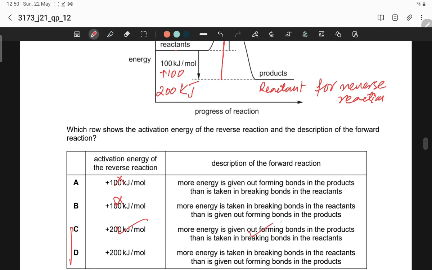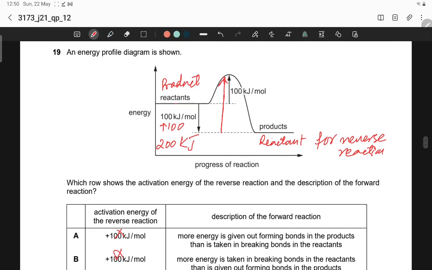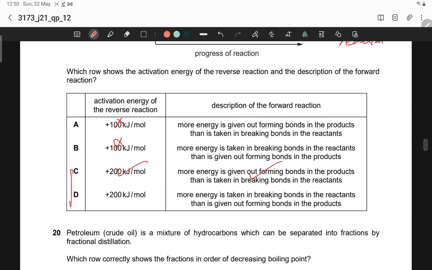It must be correct because the forward reaction is exothermic, and more energy is released in bond forming than heat gained in bond breaking. This is bond breaking, and this is bond forming. So C option is correct.